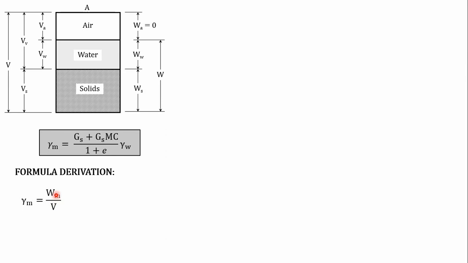So, moist unit weight is equal to weight of moist divided by the total volume. And the weight of moist is equal to weight of solids plus weight of water. There is no weight of air because it is negligible. And the total volume is equal to volume of solids plus volume of voids.